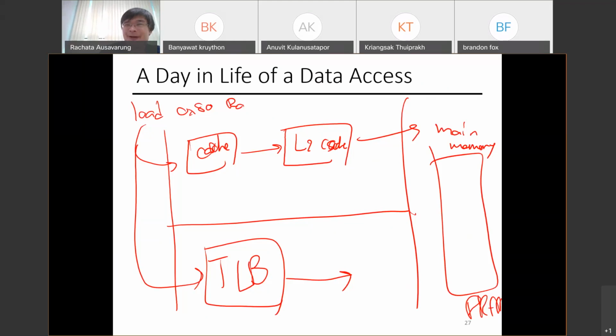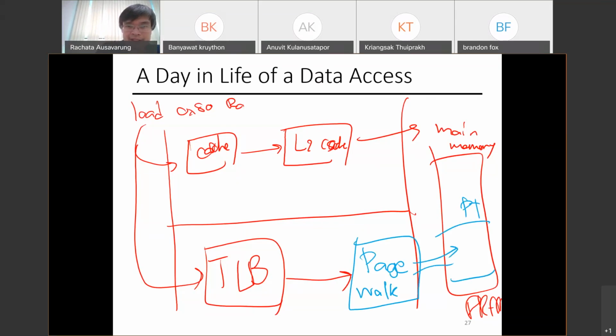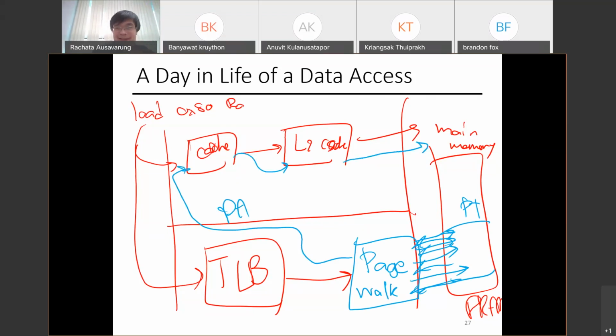What's that process called? It's called a page walk. You go to the page table, get the data back, walk it again. This is basically 4 trips to the page table until you get your physical address to access the cache so that you can get your data, right?